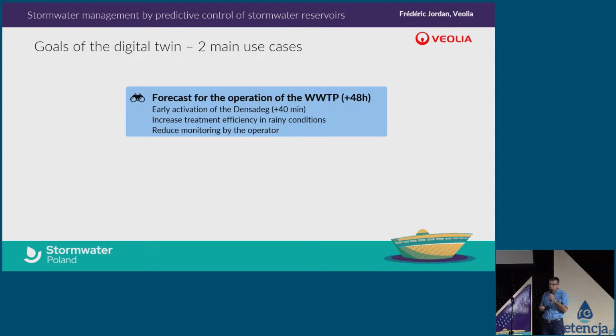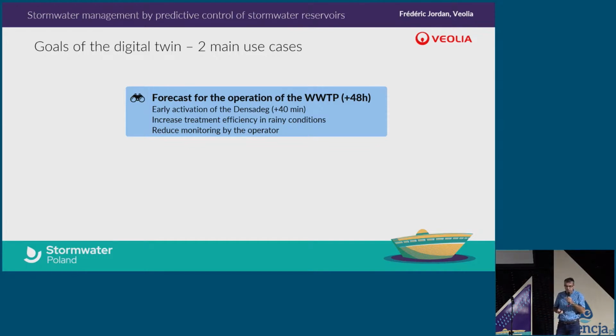And the response time of the catchment being between 10 and 40 minutes, we have to be able optimally to activate it 40 minutes before. So we absolutely need a forecast. We cannot just rely on monitoring systems or pluviometers in real time. We really need to have additional information if we want to be able to do that.